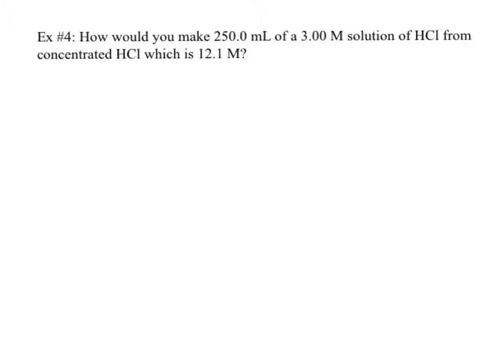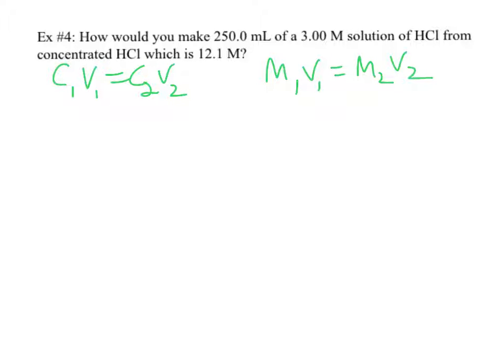Okay, this last one makes use of the dilution equation, and you'll either see that as C1V1 equals C2V2, or sometimes M1V1 equals M2V2 if you're using strictly molarity. As I read my problem, I just need to define my conditions. This first number I'm going to label as V1, and then this would be M1 or C1.